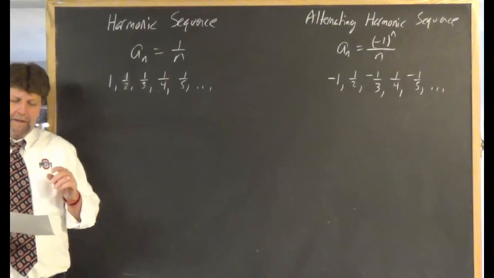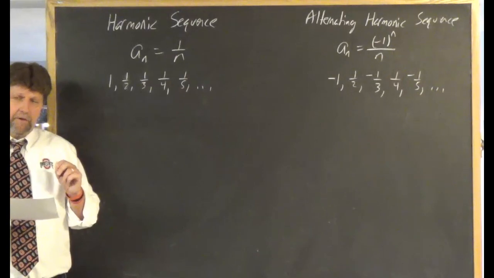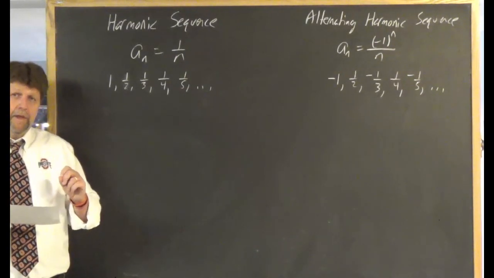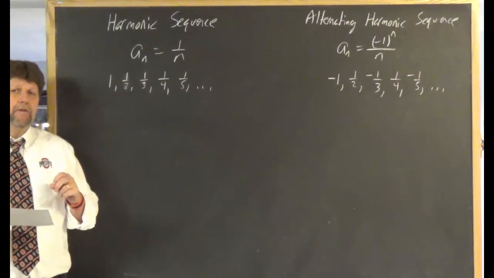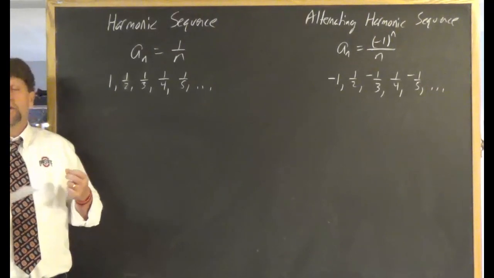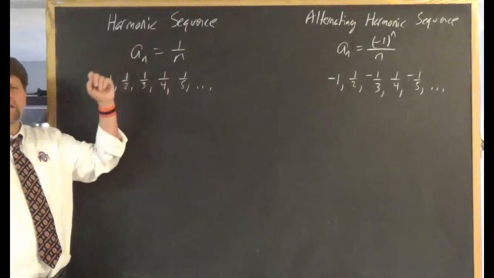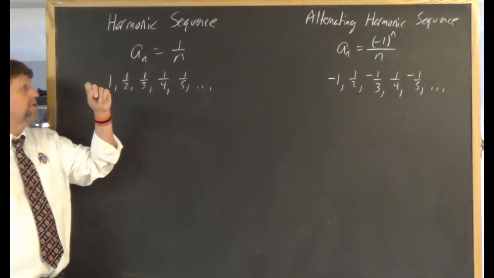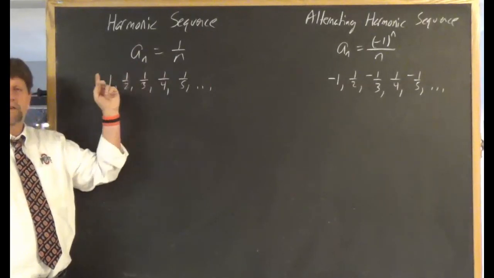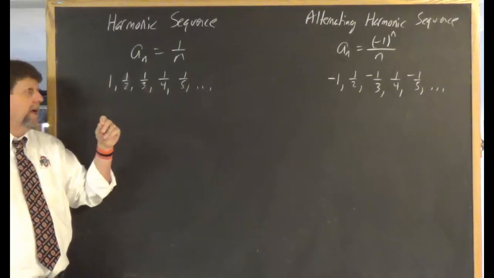All right, we've just talked about the absolute value theorem, and I said it's a pretty important and powerful theorem. Let's see how we can use it to analyze what's called the alternating harmonic sequence. First off, the harmonic sequence, I've already foreshadowed it. Here's the harmonic sequence, a sub n equals 1 over n.